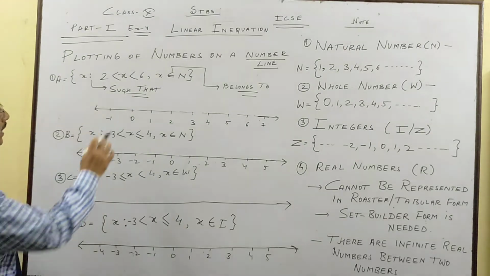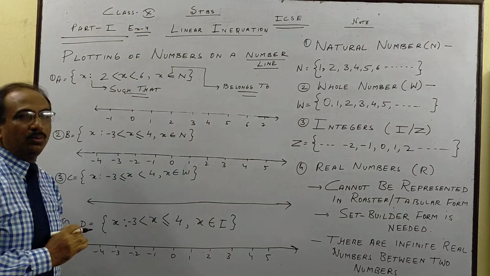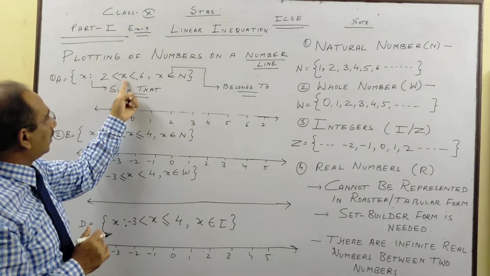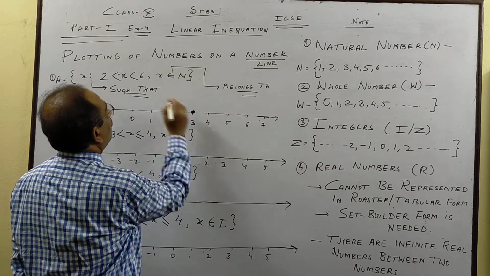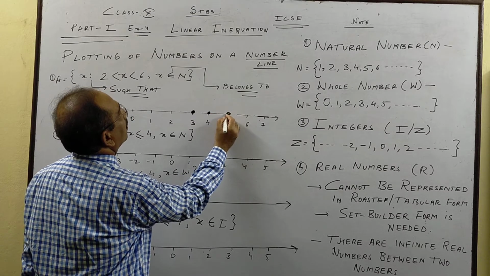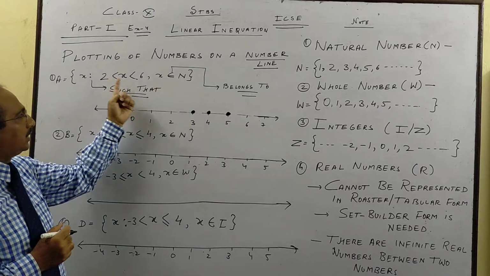Very first thing, x greater than 2. As per the rule, you take one number more. So we have 3, 4, 5. These 3 are natural numbers which are greater than 2.